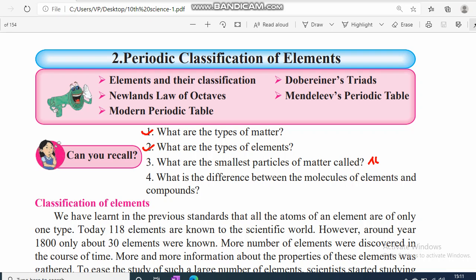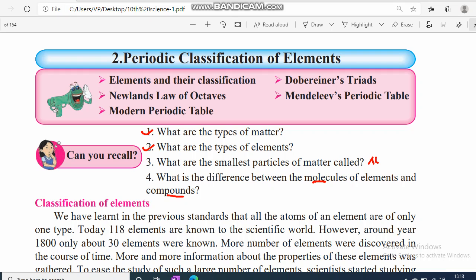Both are made up from elements, but molecules are made up from atoms, and compounds are made up from elements. When two or more different elements are combined, compounds are formed, and when atoms of the same element are combined, molecules are formed. So this is very important.